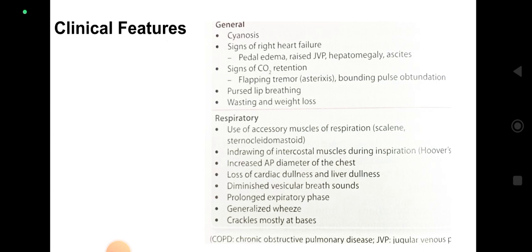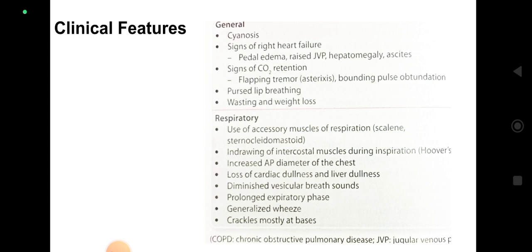Clinical features include general features and respiratory features. General features are cyanosis, signs of right heart failure like edema, raised JVP, hepatomegaly, ascites, signs of CO2 retention such as flapping tremor, bounding pulse, obtundation, pursed lip breathing, wasting and weight loss.